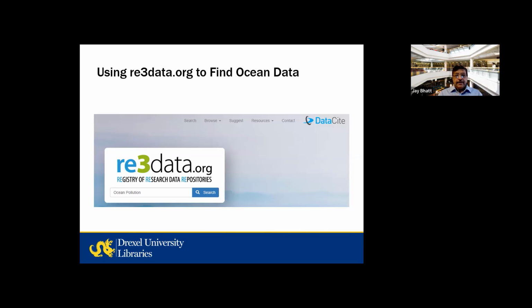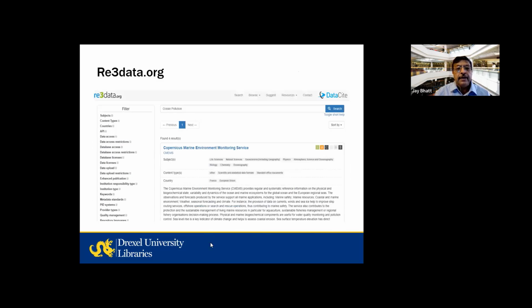Now we will look at re3data.org and explore what kind of information we can find. re3data.org, Registry of Research Data Repositories. Again, I'm looking at ocean pollution, and this is a very interesting data site that I found, the Copernicus Environment Monitoring Service.